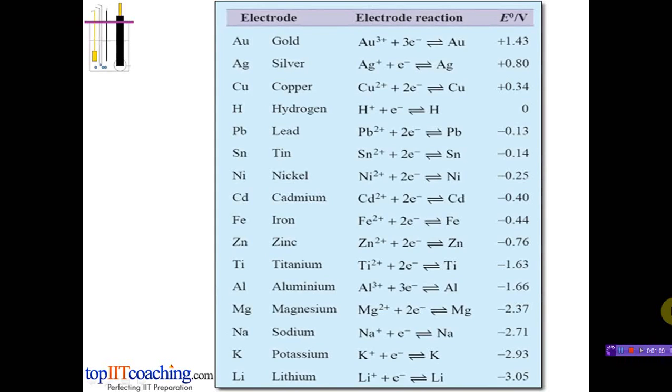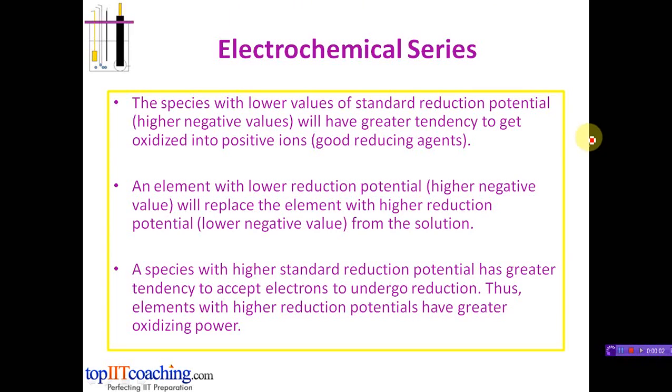Let's see what conclusions we can derive from the series of these elements and their given values of standard reduction potentials. The species with lower values of standard reduction potential, that is higher negative values, will have greater tendency to get oxidized into positive ions, or we can say that they are good reducing agents.